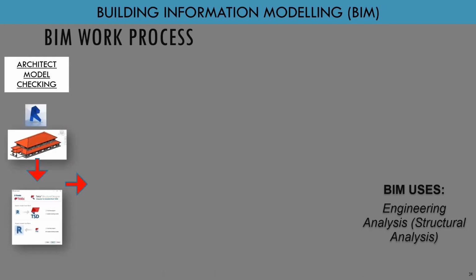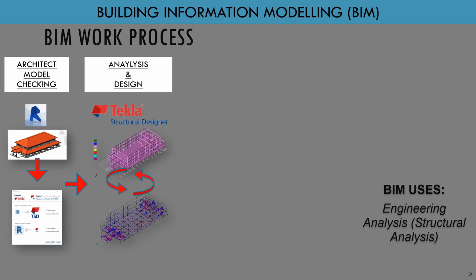This is some example of the work process for the structure. From the architect model, we need to get the model, check the model, and then transfer the grid lines and the levels to our design software, and we do the design.